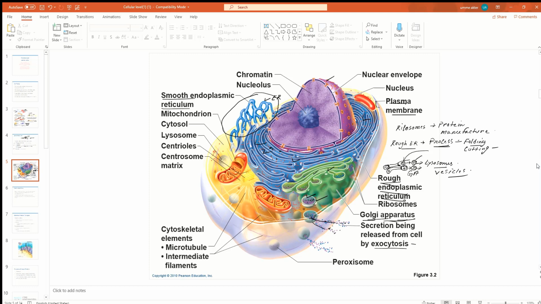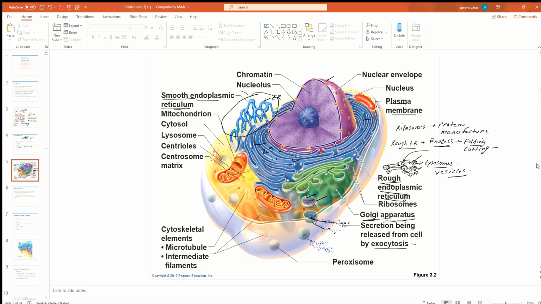Golgi Apparatus. And it sends the vesicles to the cell membrane, where they rupture to release the chemicals to the outside of the cell by exocytosis.